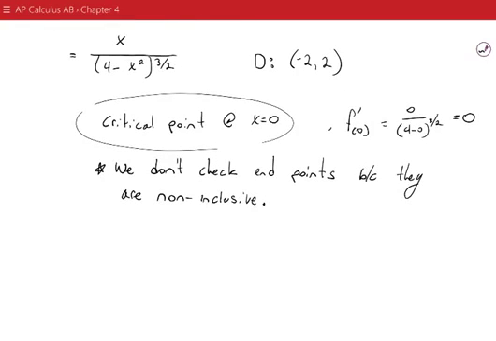So here's our derivative again. If we look at the numerator, it is going to become larger, either more positive or more negative, off to either side.